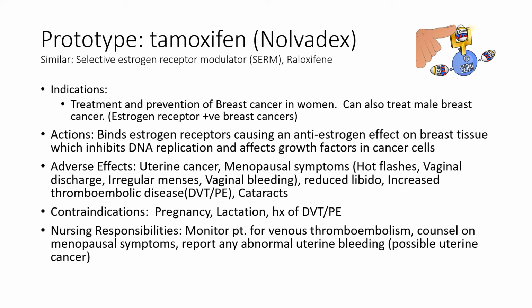Now, I just wanted to tell you, I purposely chose tamoxifen because I think it's the most important one in this entire group. If you look at the other groups quickly, aromatase inhibitors are just drugs that stop the production of estrogen in the body. Tamoxifen blocks it at the receptor site.